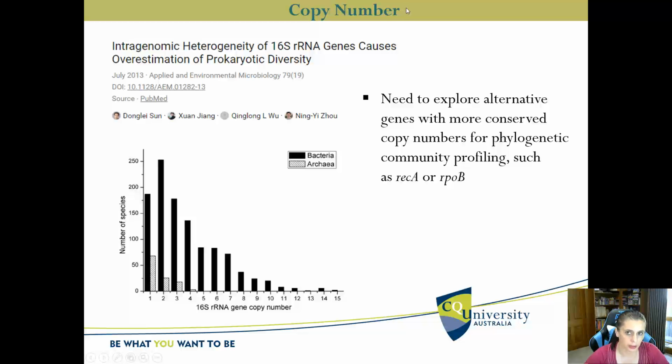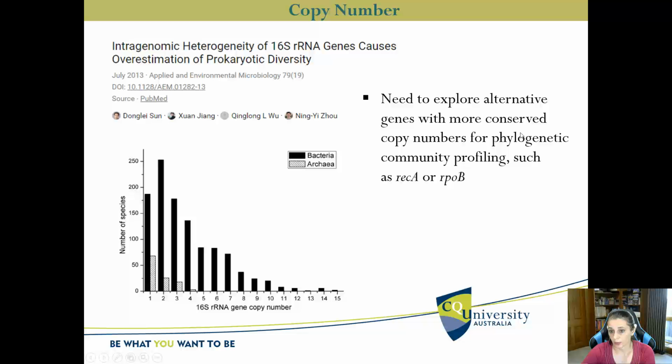Copy number is really well known. Once we dug into 16S DNA and started using 16S as our marker gene, we figured out that there is a problem. This gene can have multiple copies. One bacterium can have more than one copy.